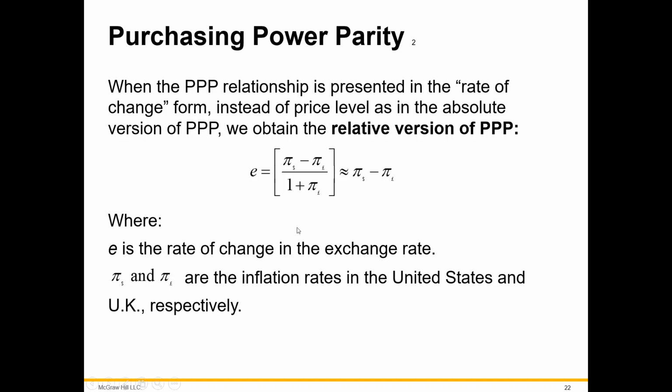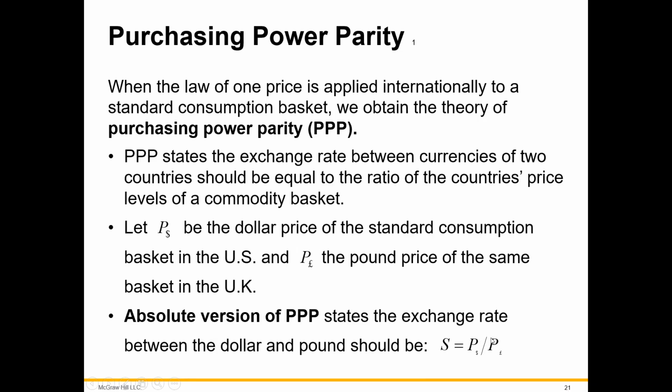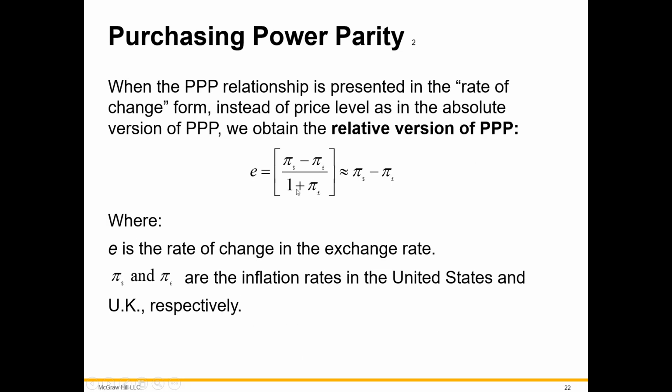And so that's what we have here. If you do the math for changing these prices, it'll flow down to be this, right? So we have an inflation rate in the dollar here, minus an inflation rate in the pound, over 1 plus the inflation rate in the pound.